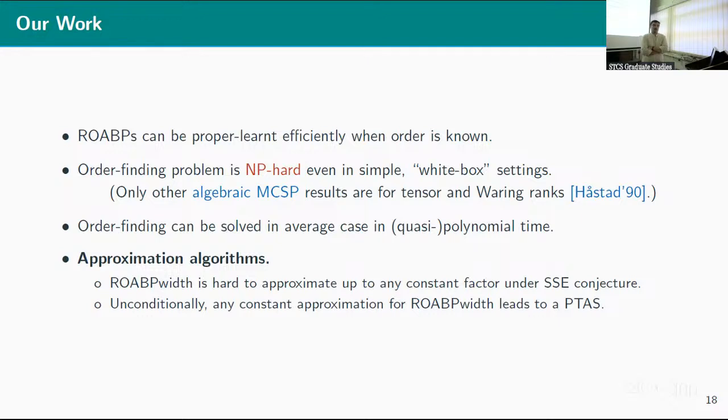Do you know how to find that? So, for an ROABP, do we know that if there is some order where the width is bad, then there will be many orders where the width is bad? My guess would be yes.